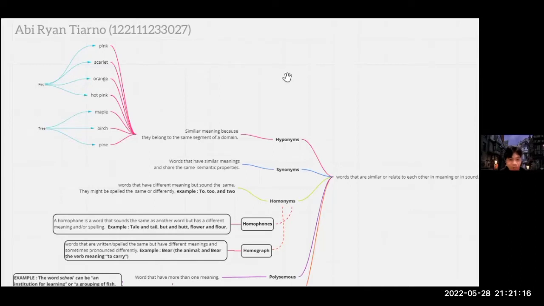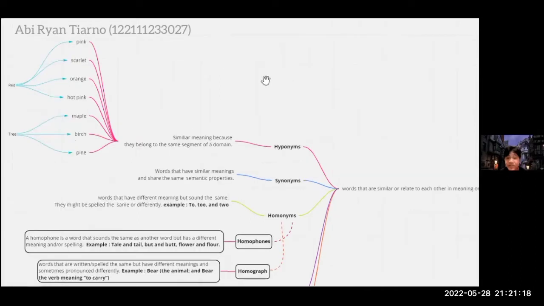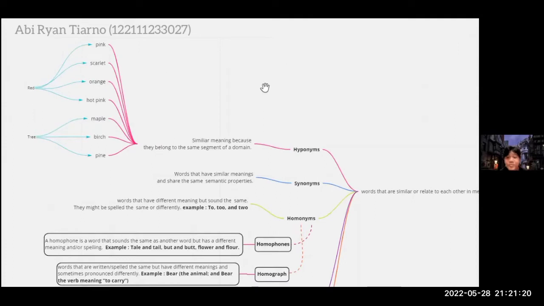Hyponyms are words that have a similar meaning because they belong to the same domain. For instance, the words pink, scarlet, orange, hot pink, and pumpkin in the mind map are all more specific, marked terms for colors that derive from the color red.